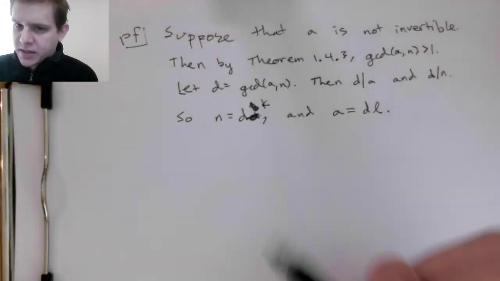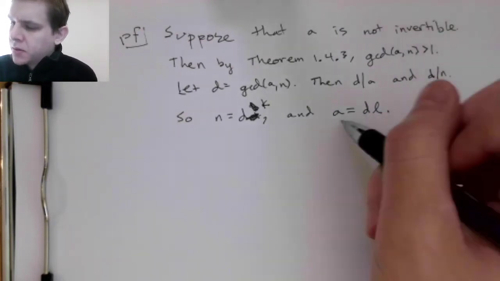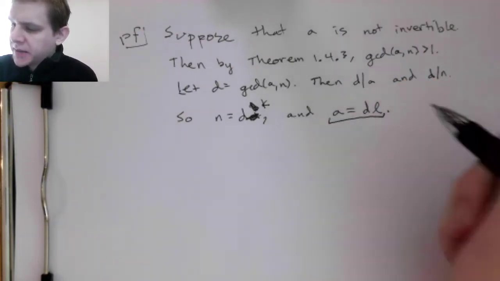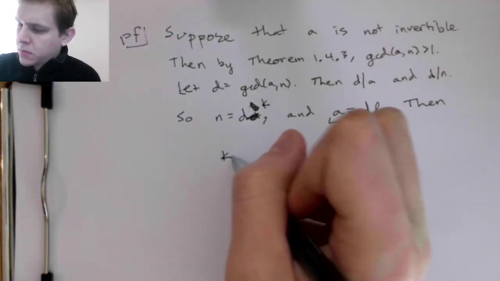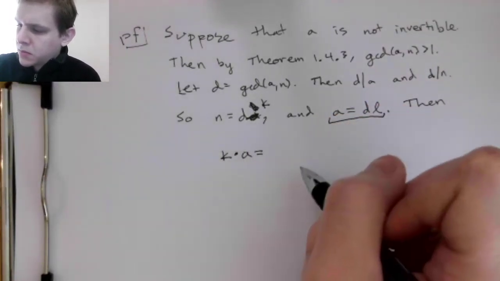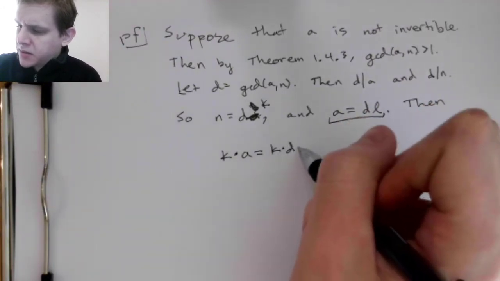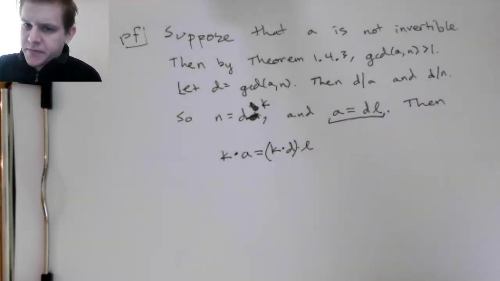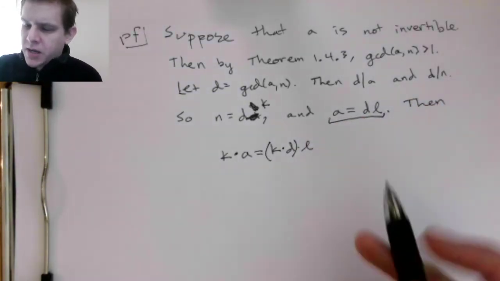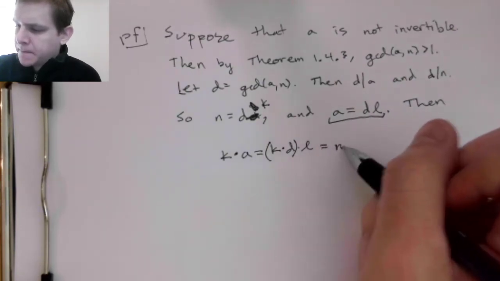Okay, so I have this set up, and now what do I do? I multiply both sides of this equation by K. So it's K times D times L. But K and D can be grouped together. And I know that K times D is just n.